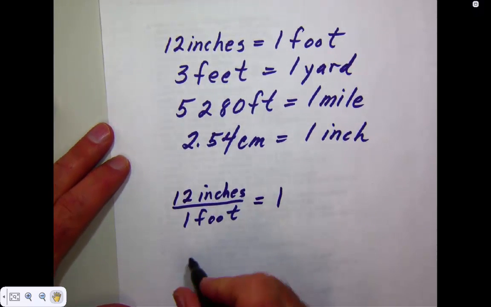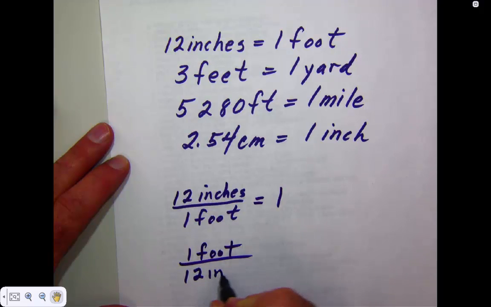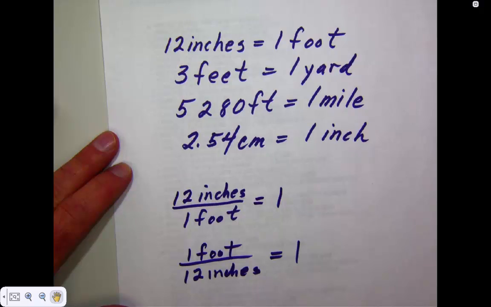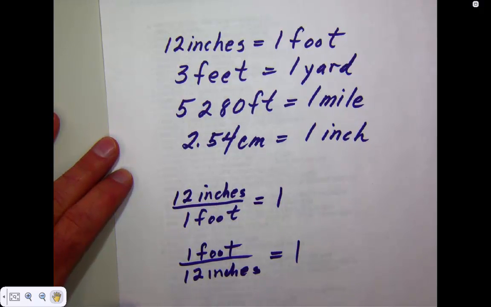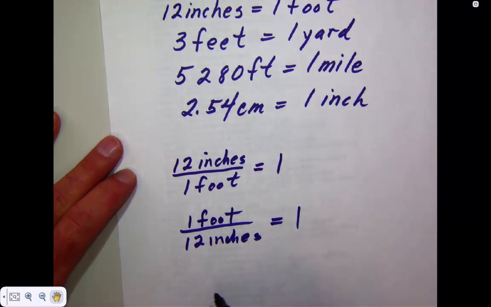So the fraction 12 inches over 1 foot is equal to 1. But likewise, the fraction 1 foot over 12 inches is also equal to 1. And that would be true for any of these conversion factors. Once again, let's take something like 2.54 centimeters. Now, 2.54 centimeters is equal to 1 inch.